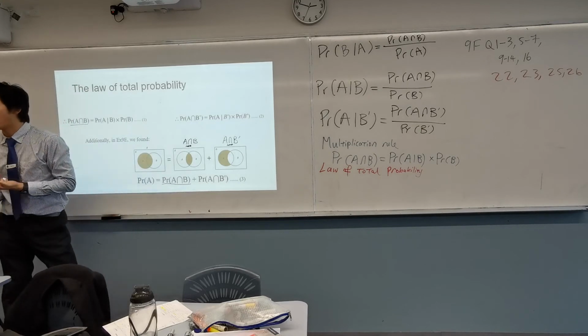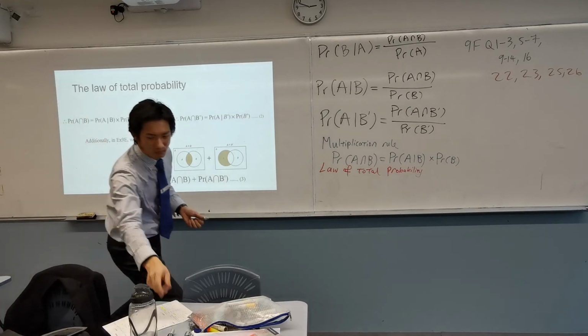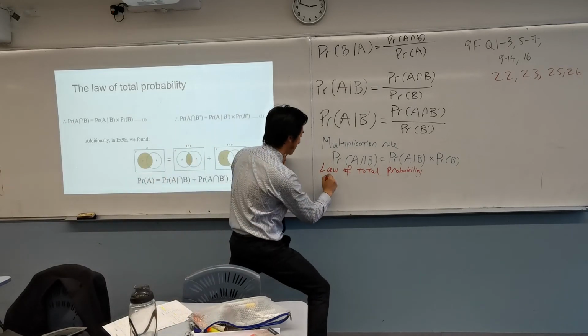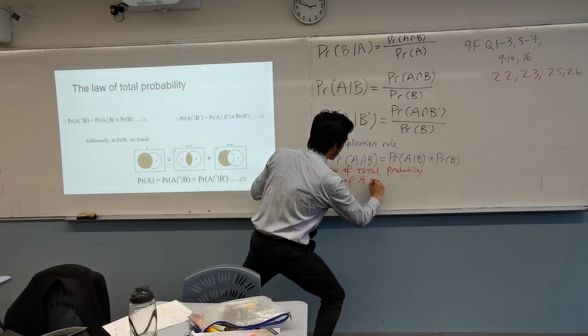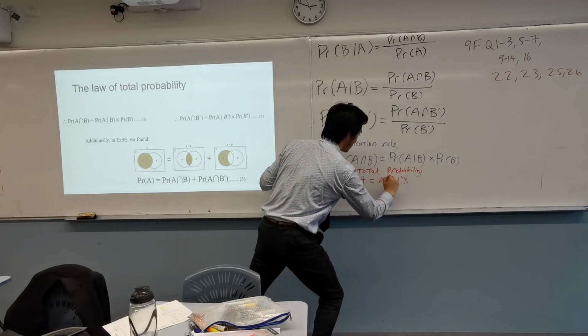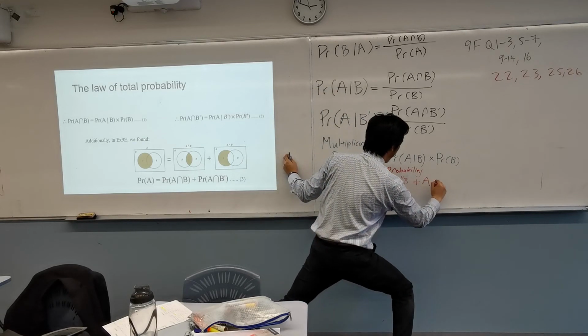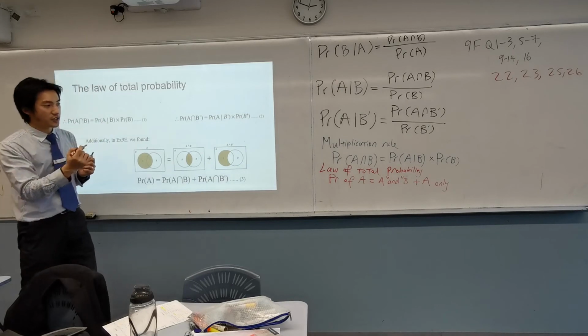And that's what's going to make your law of total probability. I'll state it out in words. Probability of A is equal to A and B plus A only. Adding those two parts gives you the entire circle.